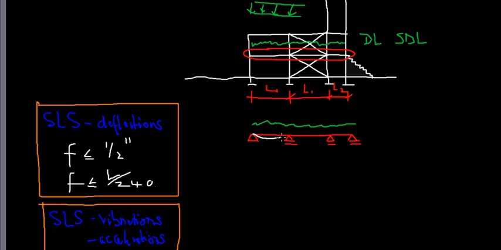And if we then actually draw these deflected shapes, and they depend, of course, on the span and where the supports are, we can go to these maximums. By the way, they don't necessarily always occur mid-span. It depends on the system and geometry. We can then say, okay, our slab needs to be so stiff that these maximum deflections, F, are still within acceptable limits, so that we're okay.